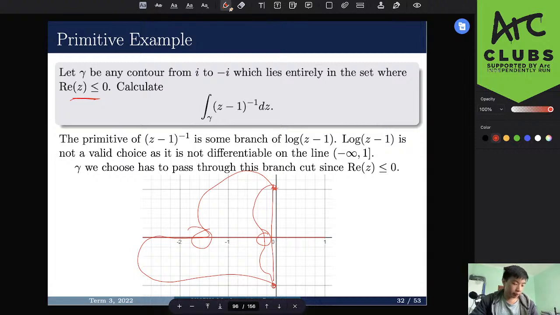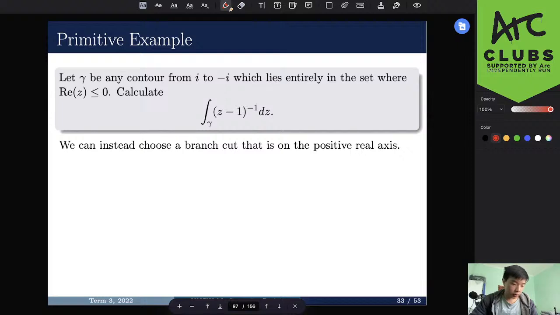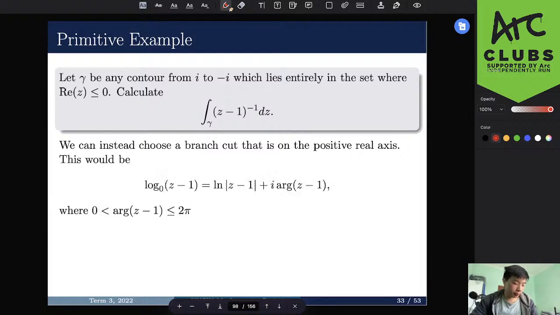We just need a branch of log which does not affect any point in this plane where the real part of z is less than or equal to 0. So what we can choose is we can choose the log 0, which is just a logarithm with the branch cut being here instead, which means that it's differentiable everywhere here, which allows any contour which fits under this definition to be calculated.